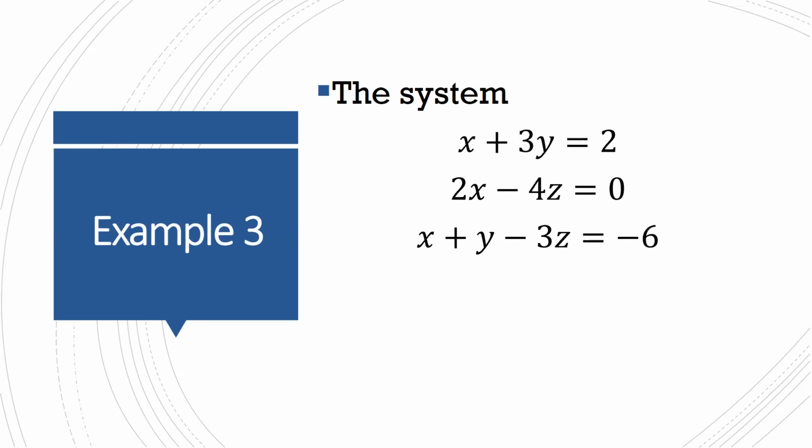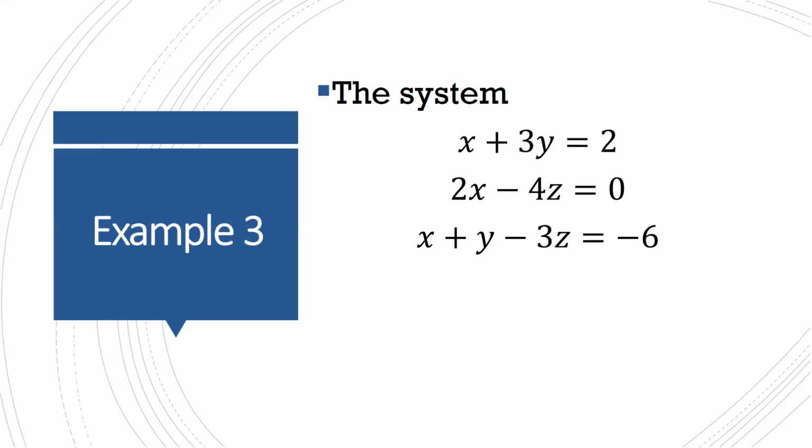Let's do another example. Now, this example has missing variables in some of our equations. I say missing, we can also think of the coefficient being 0. So our system of 3 linear equations with 3 variables has 3 equations. The first equation is x plus 3y equals 2.